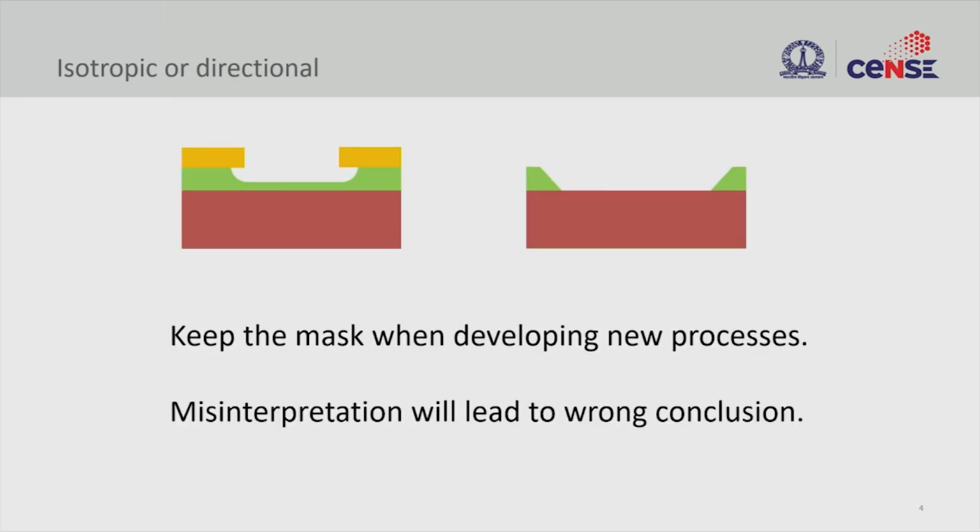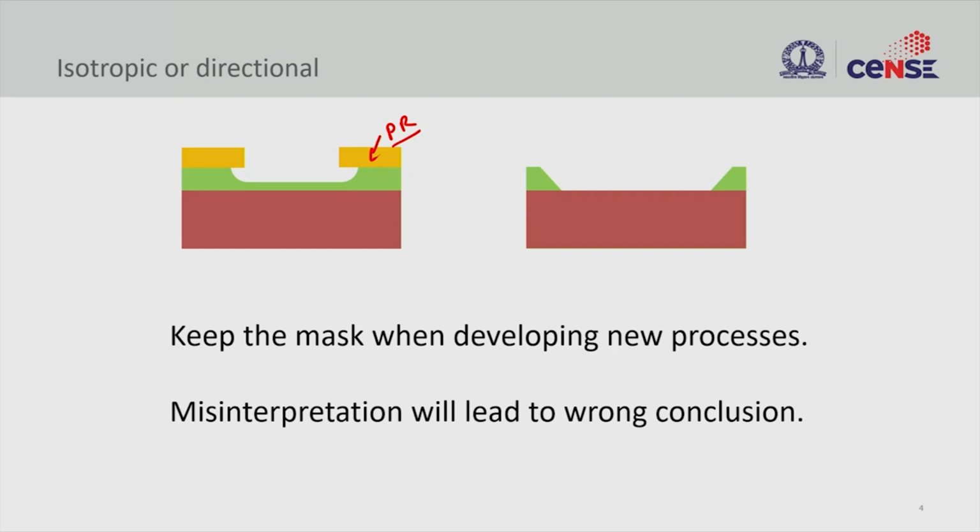The other thing is, how do we find out whether it is isotropic or directional? The only way is, when you are doing the process development, you should keep the photoresist. So this is your photoresist, and then you have done the process. Don't remove the photoresist; keep it, make a pattern, cut it, and look at the cross section.